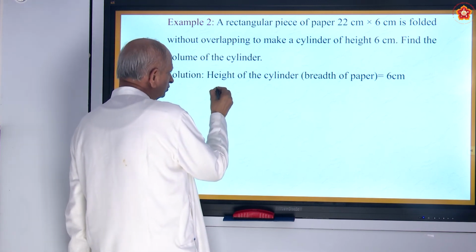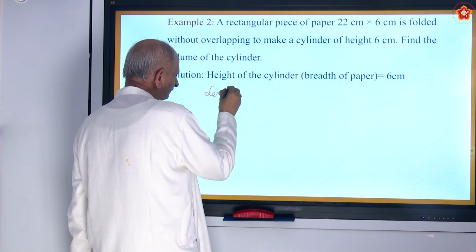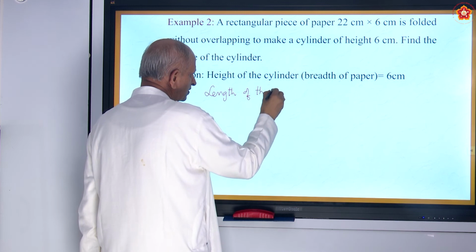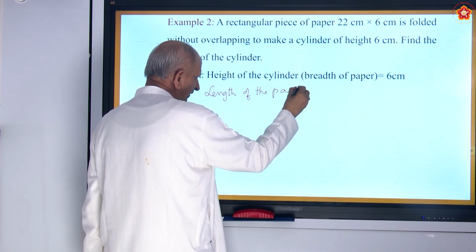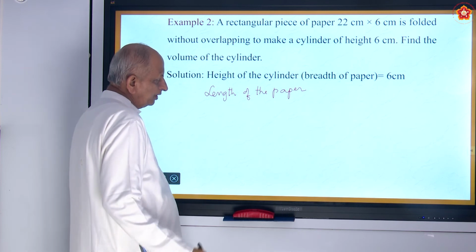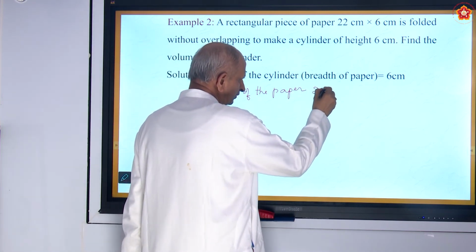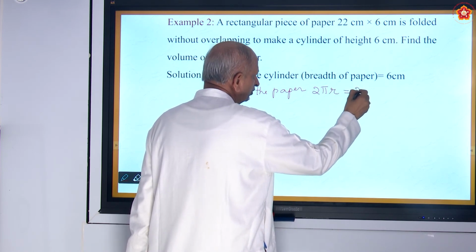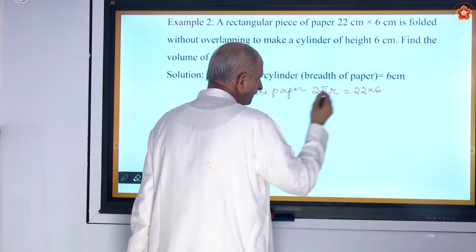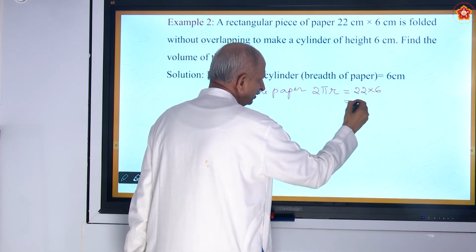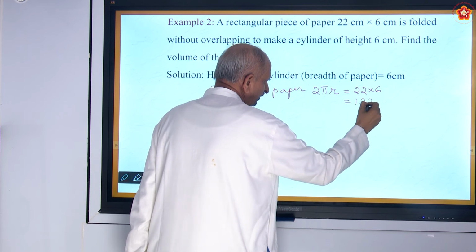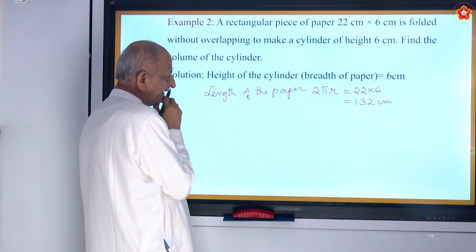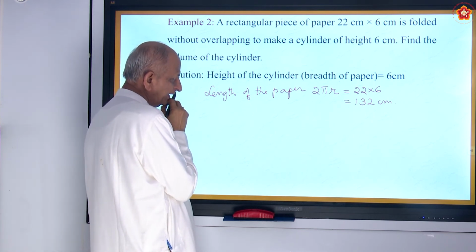The length of the paper is nothing but the circumference of the base. We call it 2 pi r, which is equal to 22. Now to find the volume, we want to find the radius.